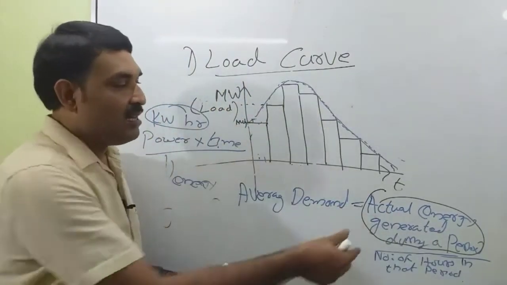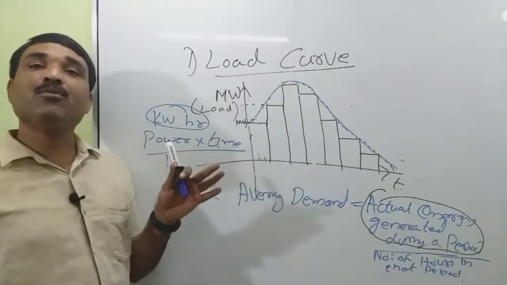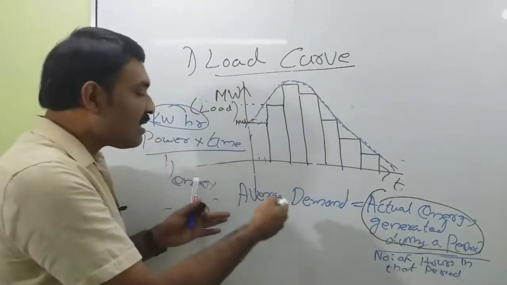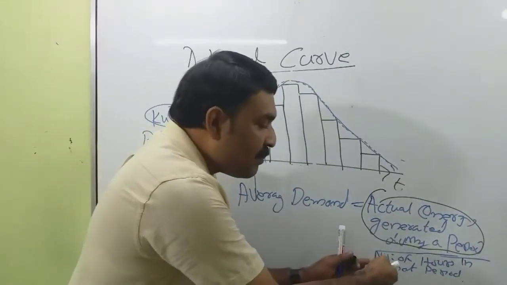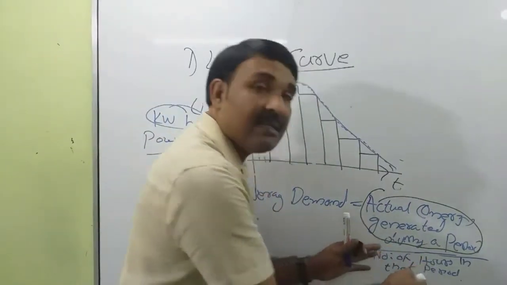From this expression, we can obtain actual energy produced during a period, that is equal to average demand multiplied by number of hours in that period.